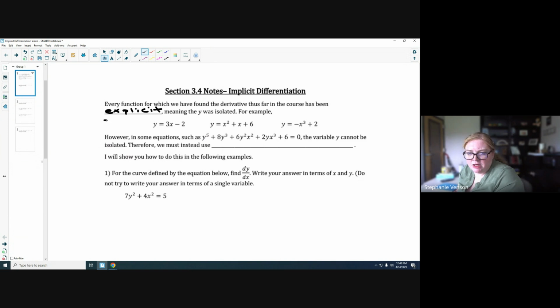The first one would be dy/dx equals 3. The second one, on the other hand, would be dy/dx equals 2x plus 1.